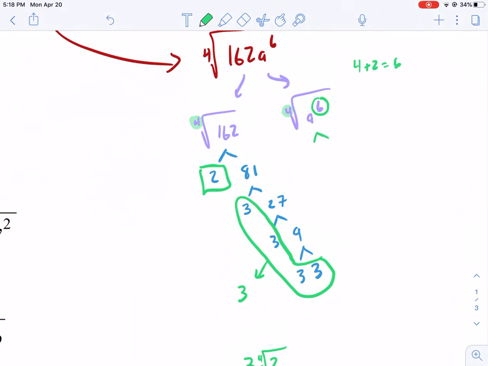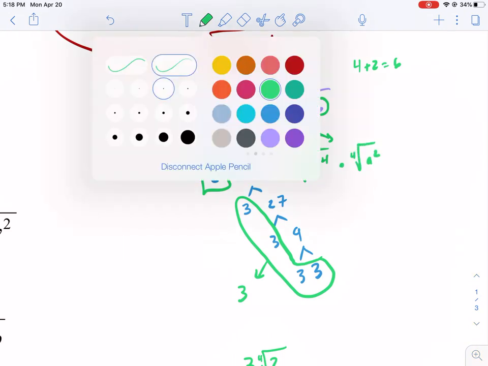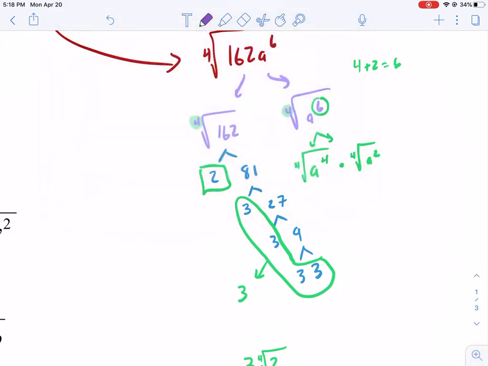So I can split this up into a to the 4th, the 4th root of that, times 4th root of a squared. The reason why I want something divisible by 4 is it's going to make it really easy to simplify. So I have the 4th root of a to the 4th. What times itself 4 times gives you a to the 4th? Well, that's a.